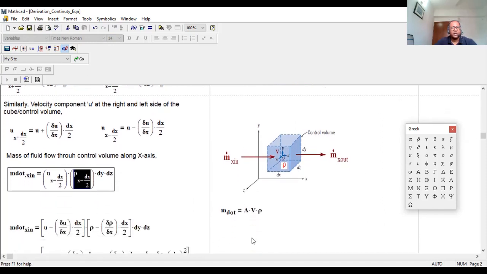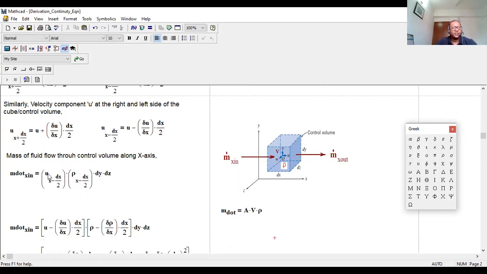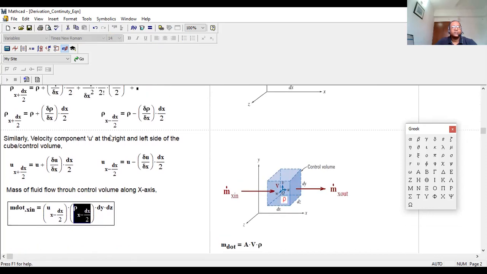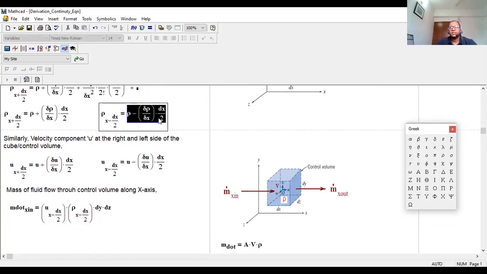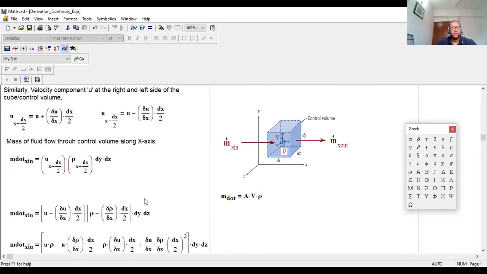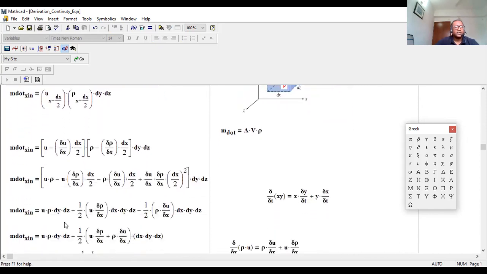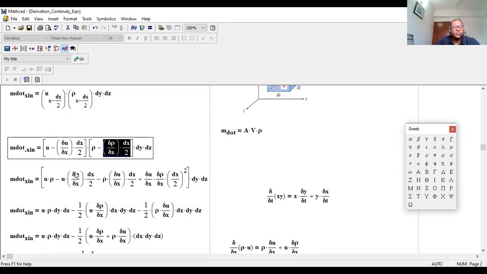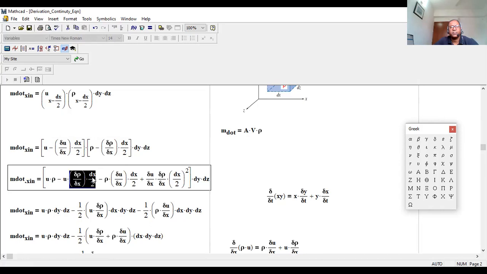Similarly, what is this value? This is equal to this mass, and this is equal to rho, which we just figured out over here. So we just put it over here. Then you multiply and take out the bracket: u into rho and u into this term, and this term remains the same.